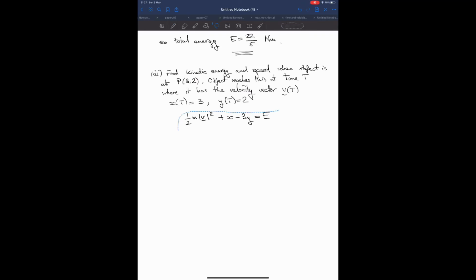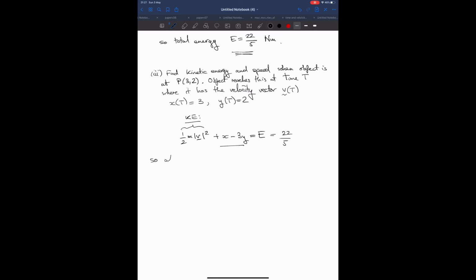Wonderful. Now, remember, this is KE. This is what we want first. So we want the KE at this time. Remember that the total energy is 22/5. So if we know this, we can clearly calculate the kinetic energy, and we do.